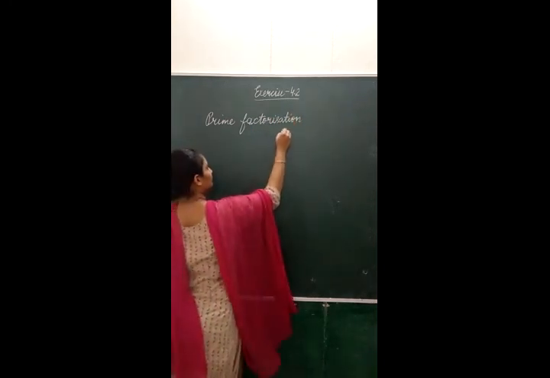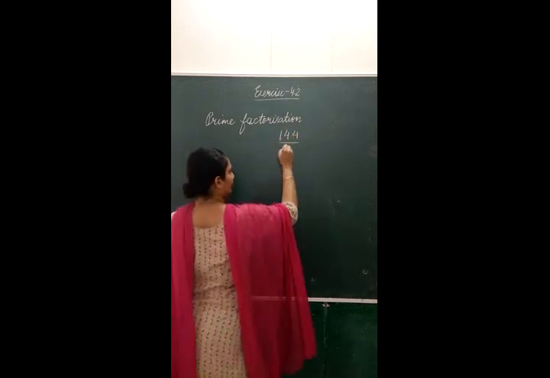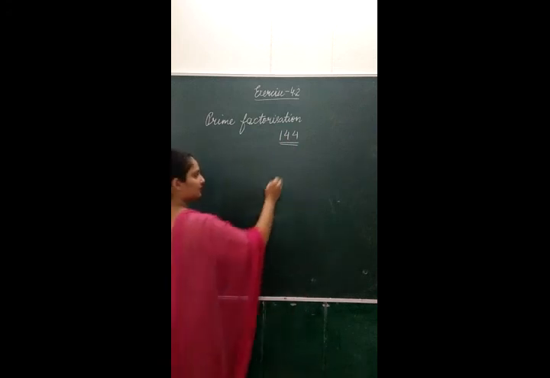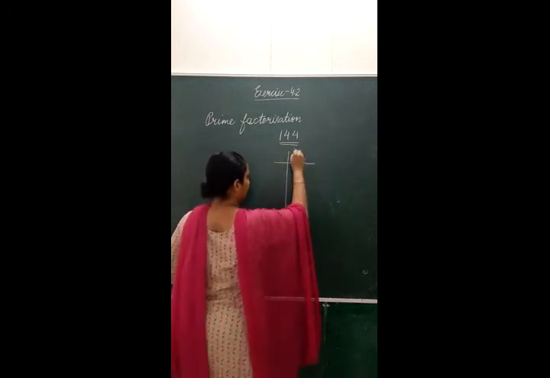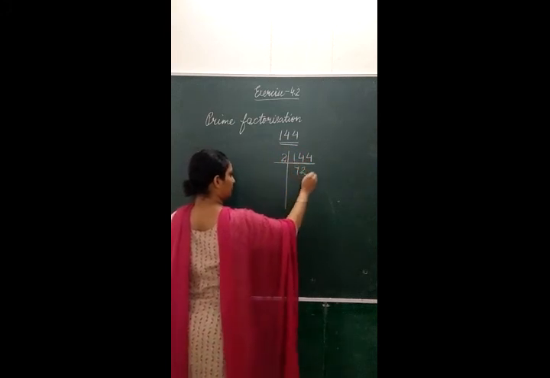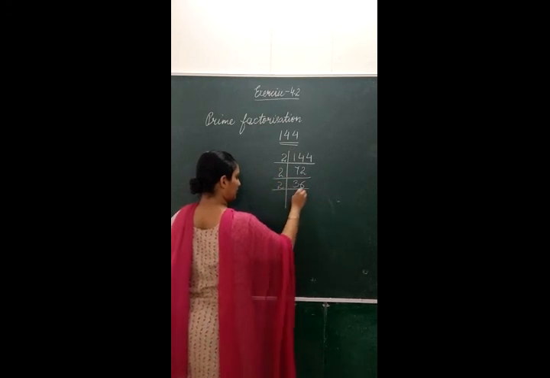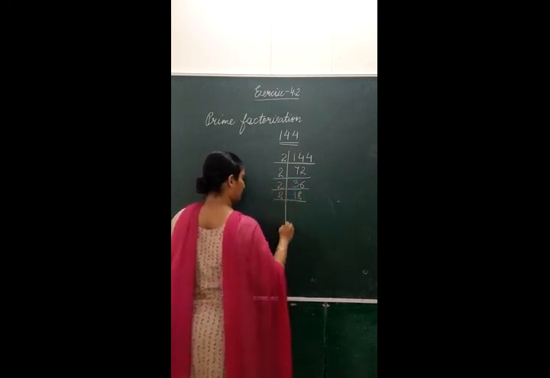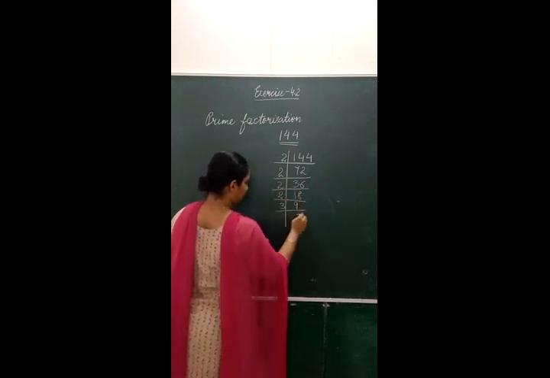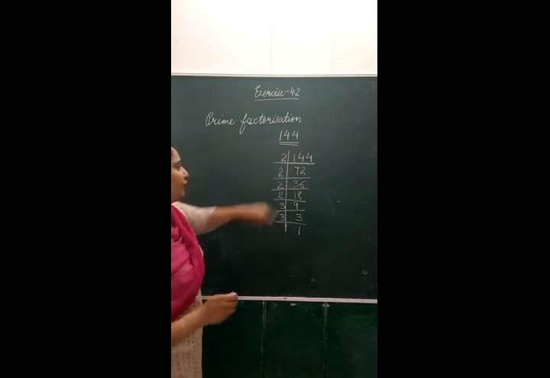Suppose we are given 144. So first of all we will make its prime factors. 144: 2, 72, again 2, 36, 2, 18, 2, 9, 3, 3, then 3, 1. So these are the prime factors of 144.